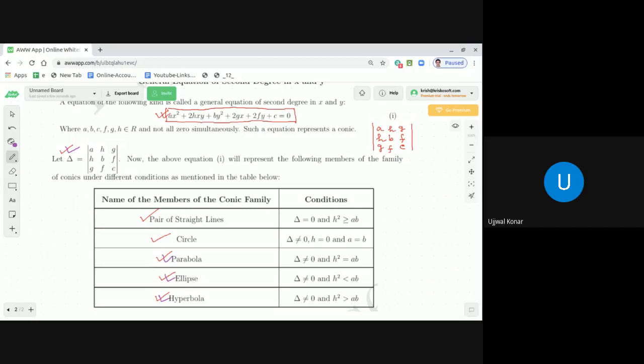parabola, ellipse, or hyperbola. So dear students, whatever we have learned so far, we have learned some very interesting things throughout the session. The first thing we understood is how a conic is actually formed when a plane intersects a double-napped cone, that we learned during the animation at the beginning of our lecture.